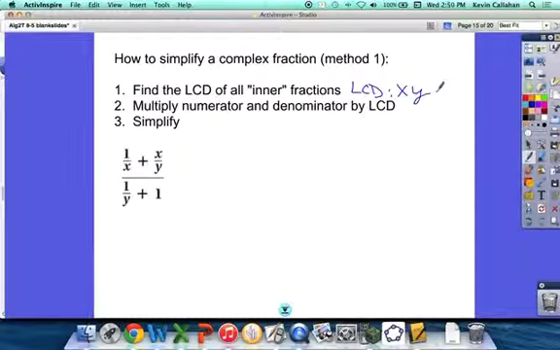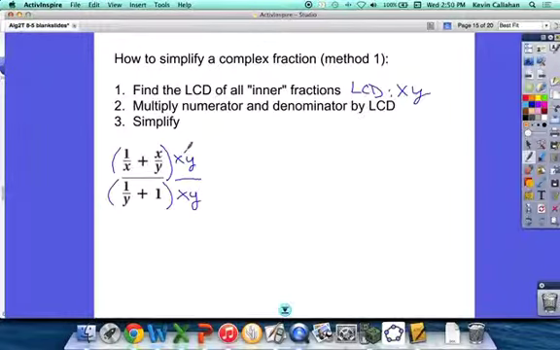Once you know what that least common denominator is, then you multiply the numerator and the denominator by that. So it'll look like this: xy divided by xy, which again, that's 1. You're allowed to do that. Now distribute, simplify, do what you have to do. In this case, it's a distribute.